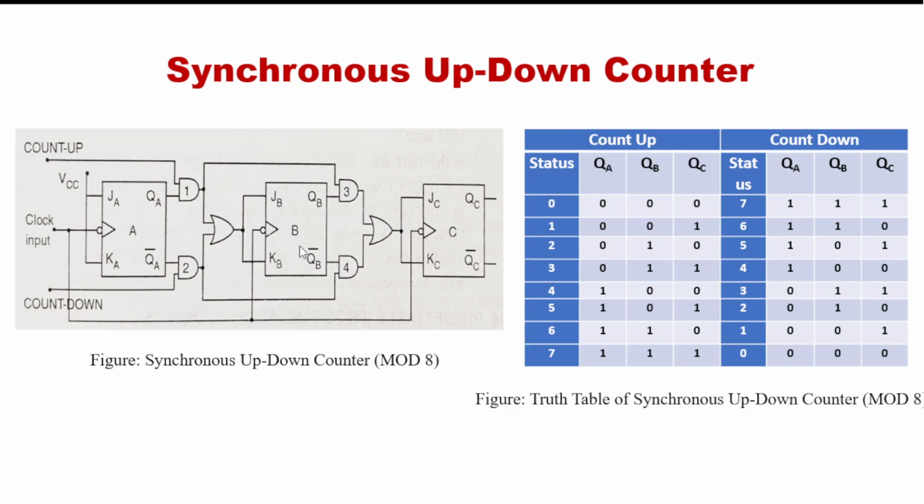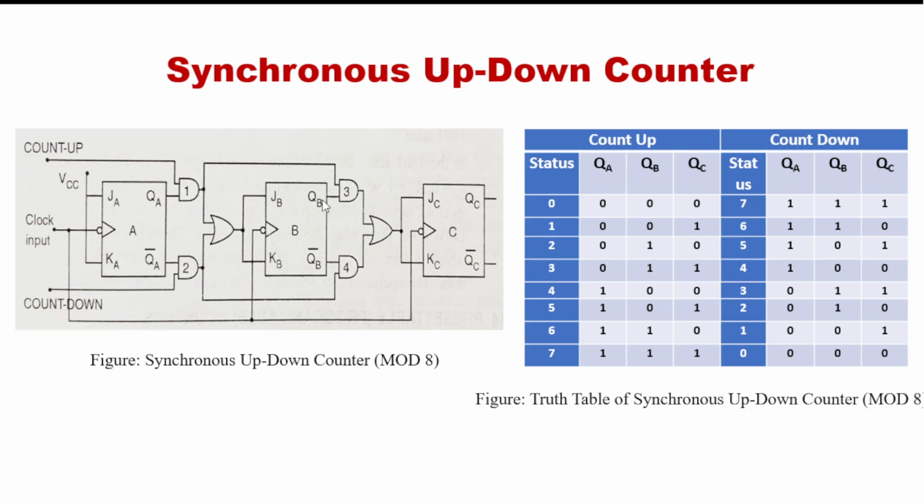Here how to design synchronous counter and asynchronous counter is discussed. Based on this principle, QA, the output of the first flip flop, passes through the OR gate and is directly connected to the input of the second flip flop. Then in the case of the third flip flop, for count up mode, this AND gate is disabled, so no output will go from this QB bar.